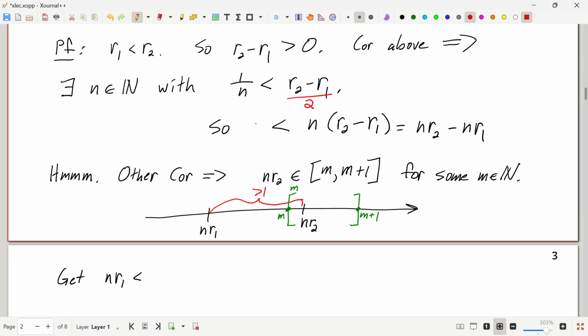Then I would get 2. That thing is bigger than 2. And so now when I go back by 1, I'm definitely in there. So this would be m minus 1.